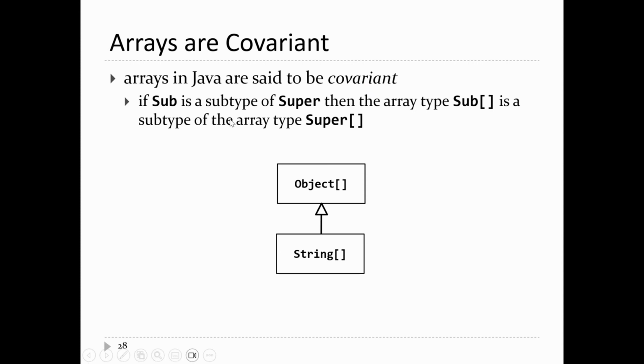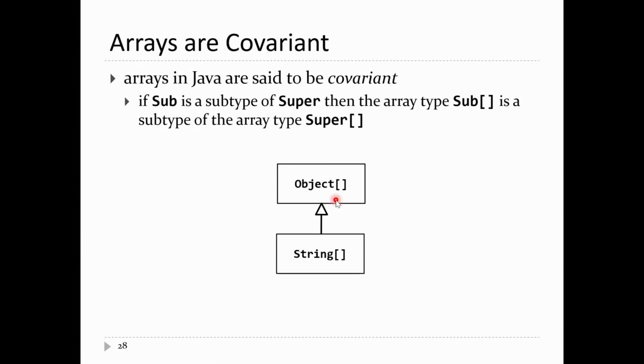If sub is a subtype of super, then what is true in Java is that the array of sub is also a subtype of an array of super. So this is kind of interesting. Sub is the subclass of super.